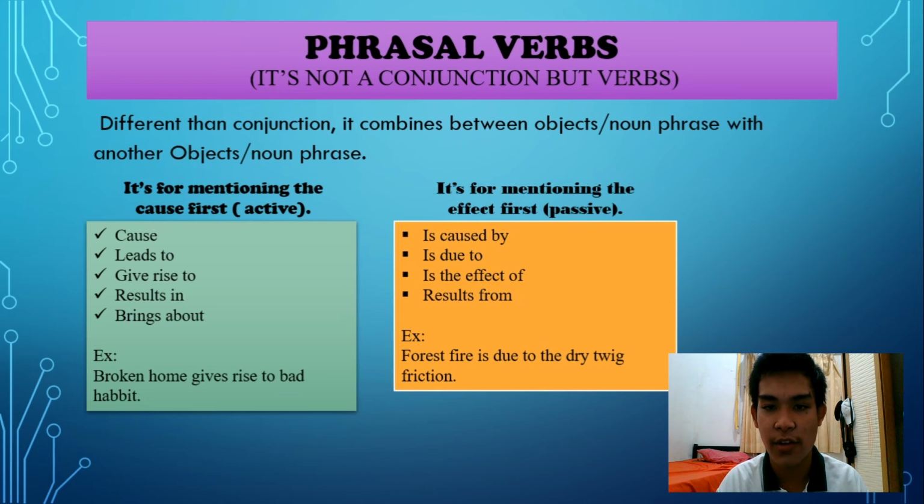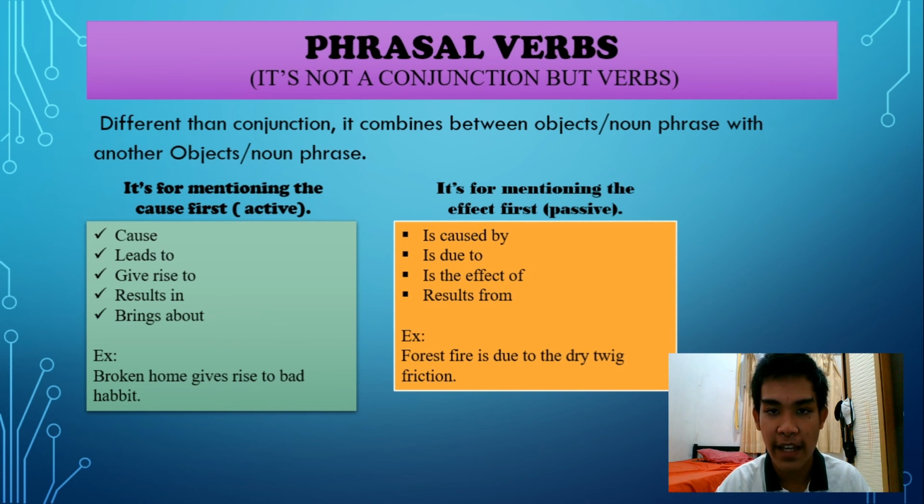Okay, we'll get into the last topic, phrasal verbs. The function is same like conjunction, but it's not a conjunction. It's a verb that could combine cause and effects. Okay, for the green one, there are cause, leads to, give rise to, results in, and brings about. It is for mentioning the cause first, and the tense is usually active, but for the tense with timeline, it depends on the timeline.